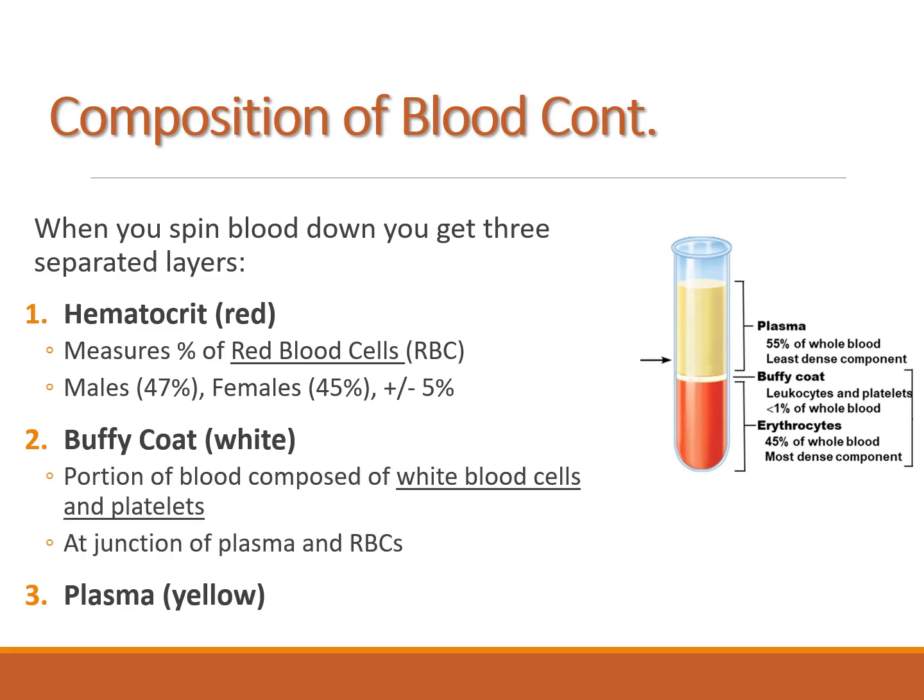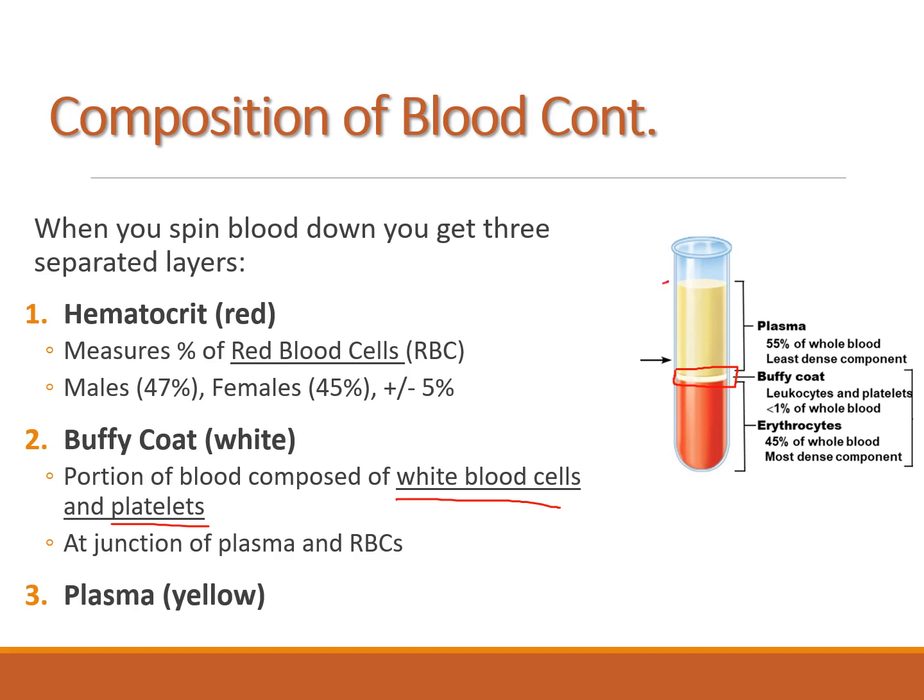Then the middle layer is this white layer. It's very small, and that is the buffy coat. This little layer right in the middle is the white layer, and it's the white blood cells, so think white blood cells. It also consists of the platelets. So the red blood cells are in the hematocrit, and the white blood cells are in the buffy coat.